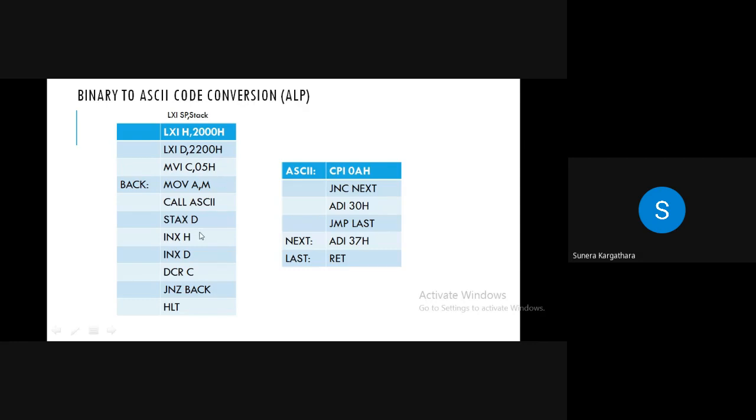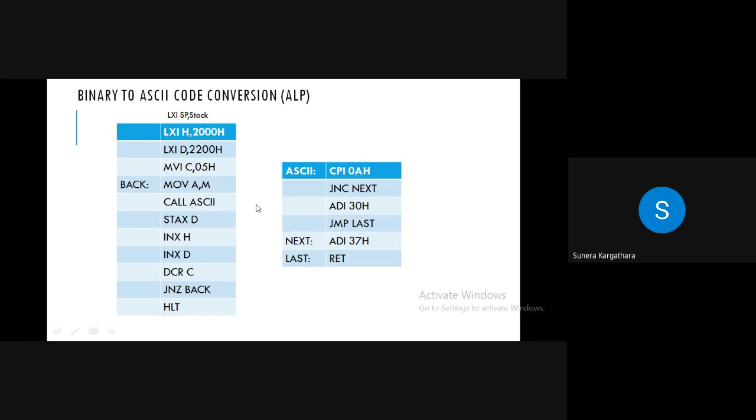Again, I'll move to the next number, right? I'll decrement my counter. I'll check whether the counter has become 0 or not. If not 0, then again go and convert. If it is 0, then go to halt, right? So this is the way to write a subroutine. This program solves two purposes. One thing you will identify is how to write a subroutine.